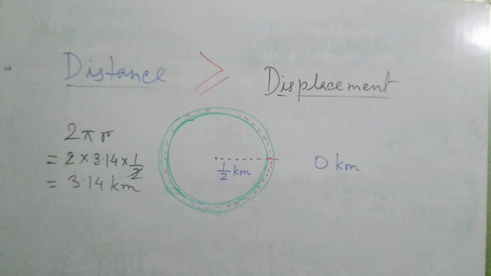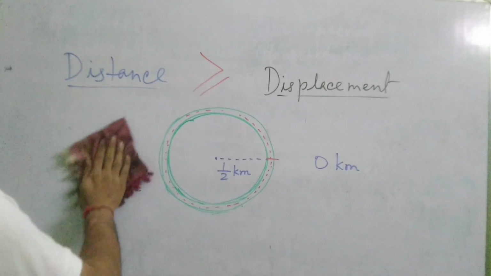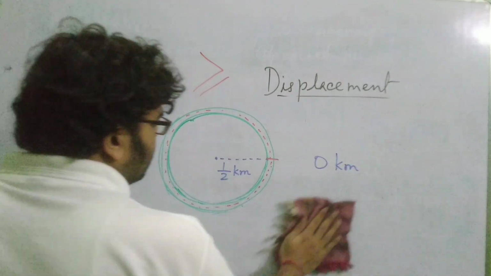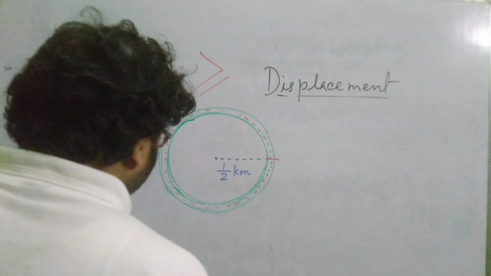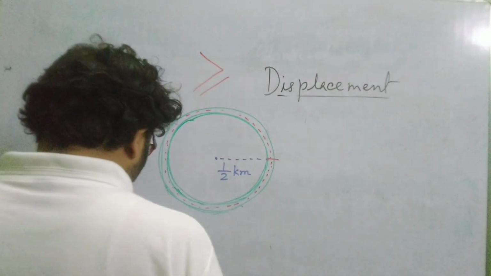Let me end the lecture with a question for you. Say the athlete has traveled 1.5 revolutions.